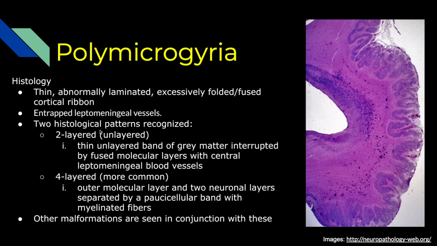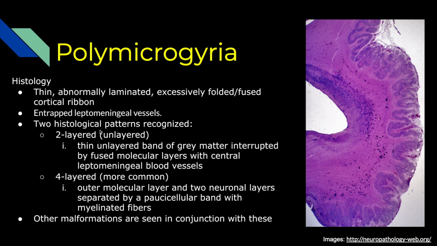And then there's a four-layered structure where you have your outer molecular layer. You have two neuronal layers separated by this paucicellular band of myelinated fibers. So again, this is what you see. And again, it's a disorder that's common with metabolic disorders, things like thanatophoric dysplasia.